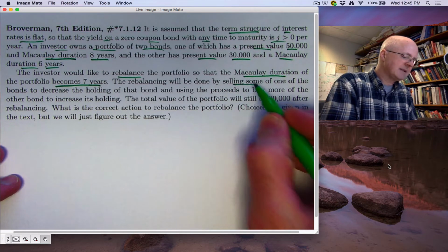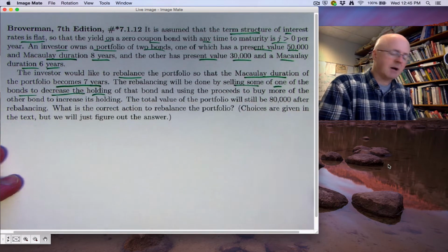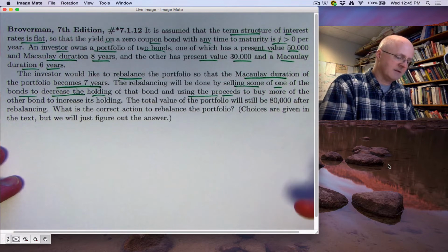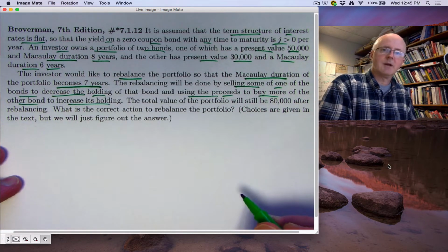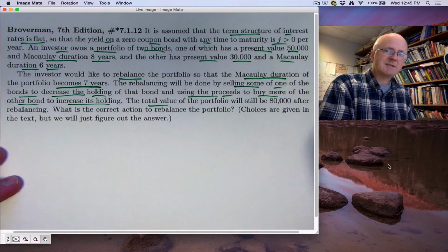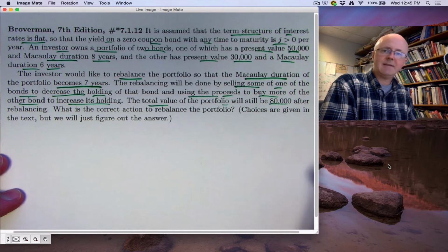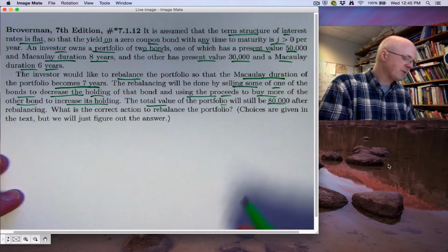It's by selling some of one bond to decrease the holding of that bond, and using the proceeds, the money that you make from that sale, to buy more of the other bond to increase its holding. The total value, the present value, the price of the combined portfolio will still be 80,000. It's currently 80,000, 50,000 plus 30,000, after rebalancing.